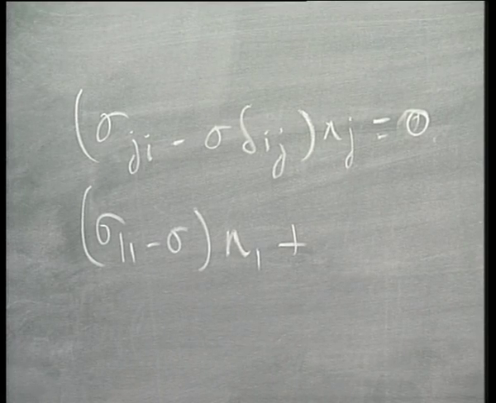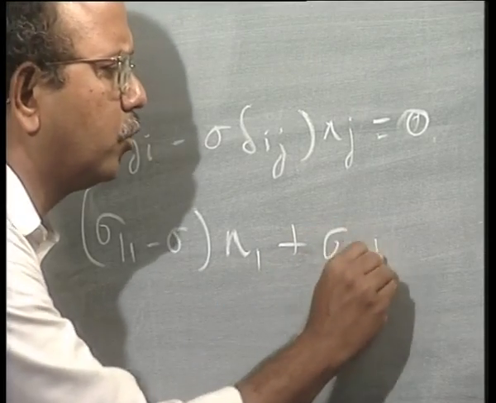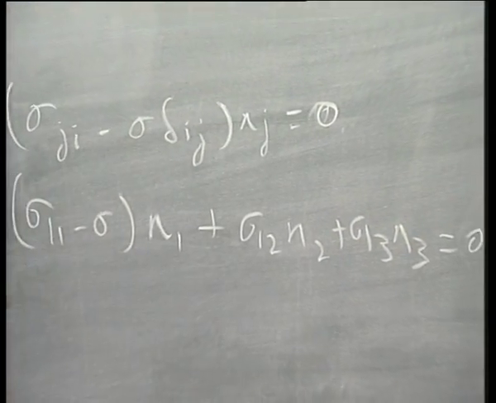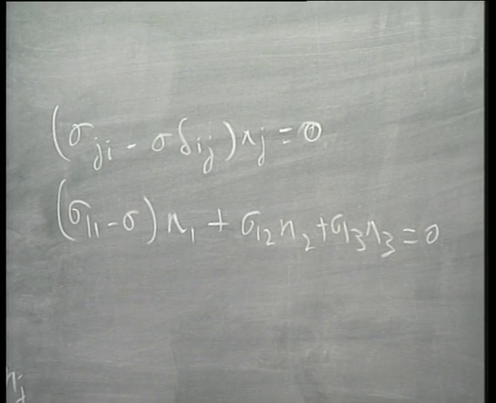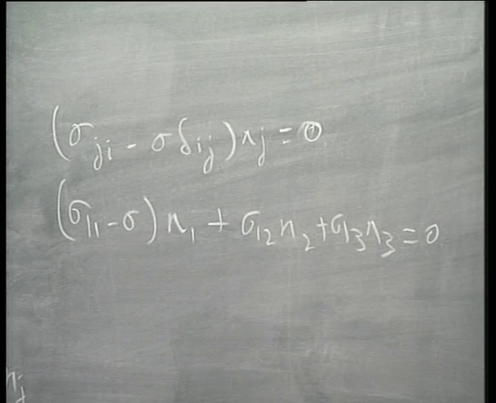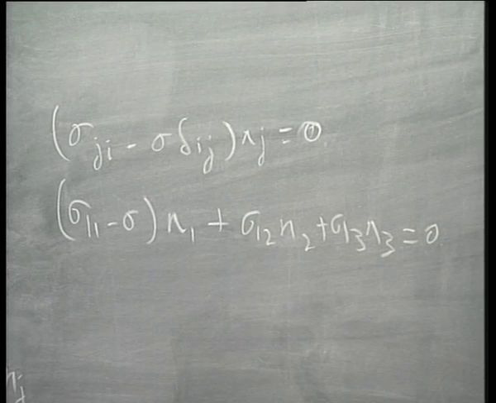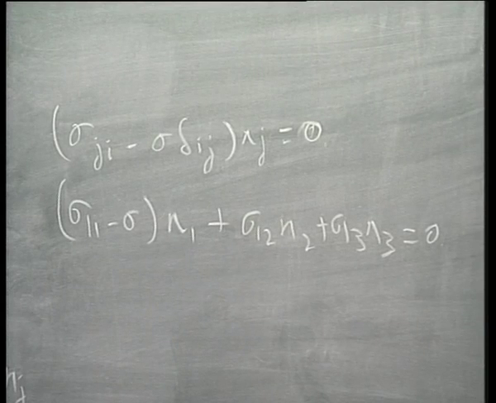Sigma 12 n2 plus sigma 13 n3 is equal to 0, and you can write down 2 more equations. Now, by the way, before we forget, what is this delta ij? Remember? Kronecker delta, and that is nothing but an identity matrix. Okay, please remember that.